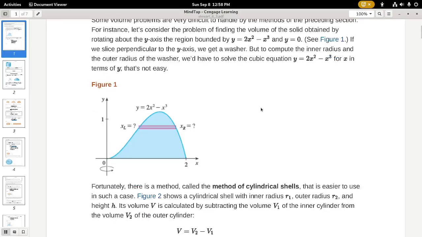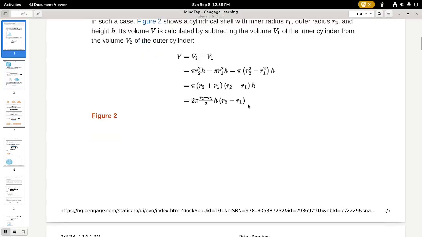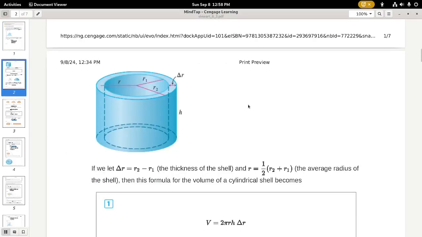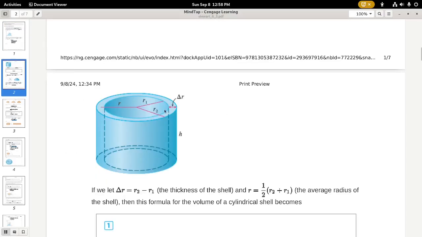Okay, so skip all this nonsense. Let's start with an example of this, a cylindrical shell. You can see we take a larger cylinder of radius R2, then we have this smaller cylinder of radius R1 that we remove from it. And we want to figure out what's the volume of this thing.